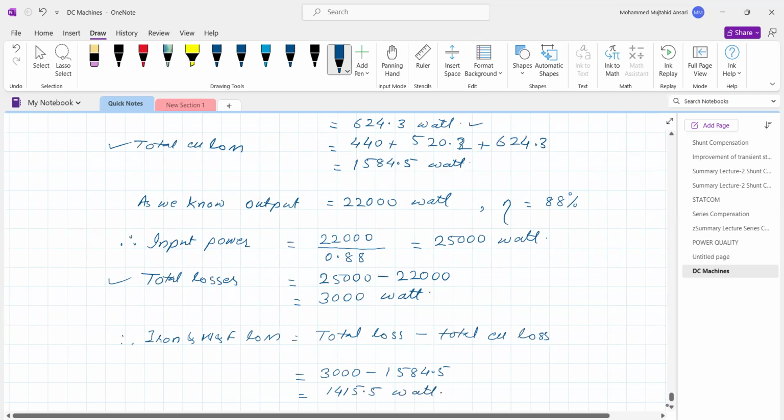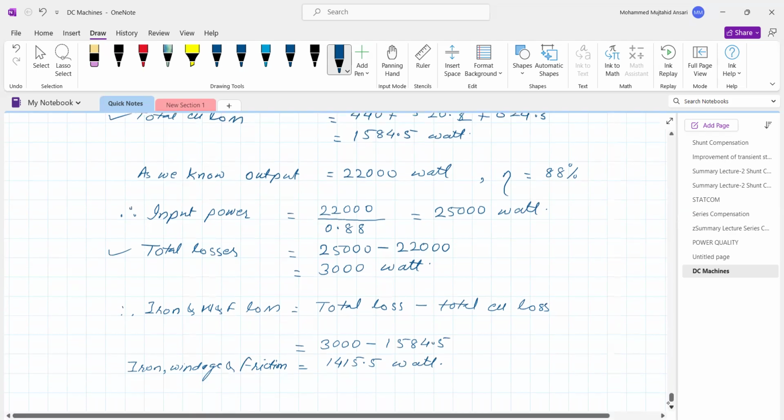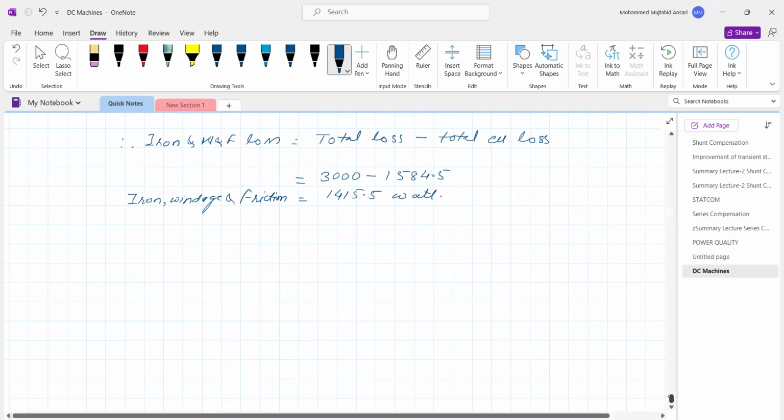So these are the iron, windage and frictional loss. So in this way, we can calculate the efficiency, losses, copper losses, variable losses, current corresponding to maximum efficiency, and so on. So thank you for this lecture.